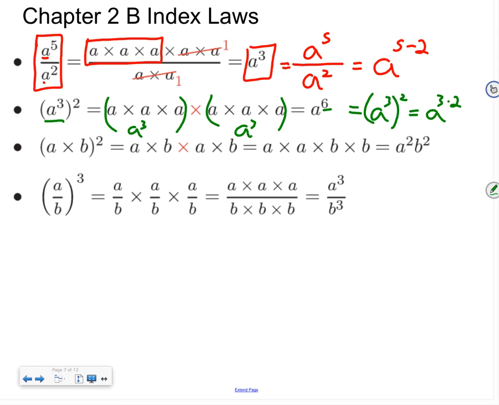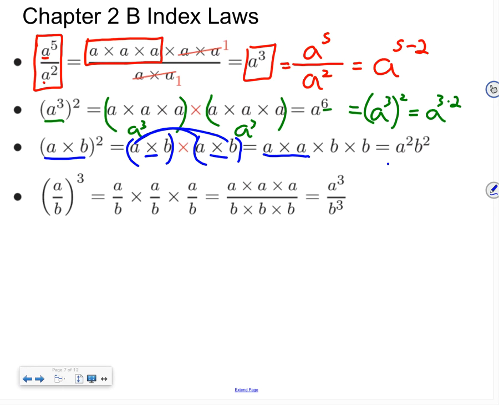Okay, here with a times b squared. Well, a times b, something multiplied by itself, is here. Then we have to remember from our distribution property that a times a is there, then you do b times b. Because there's no addition or subtraction, it's all multiplication across.